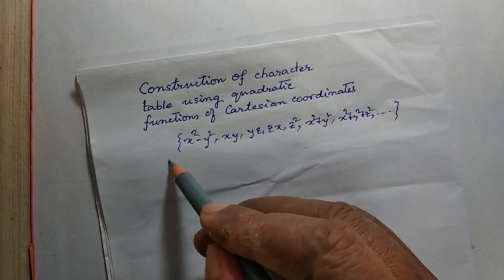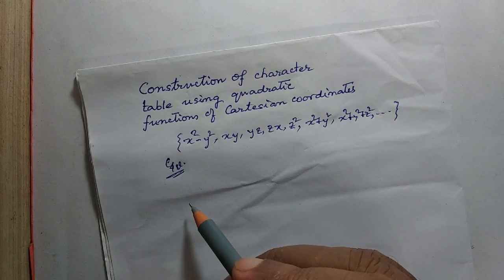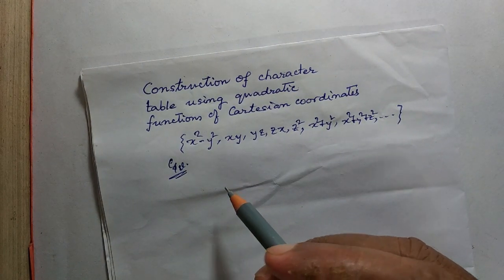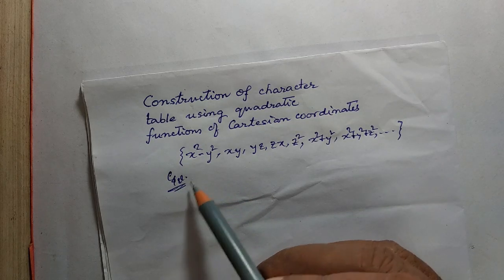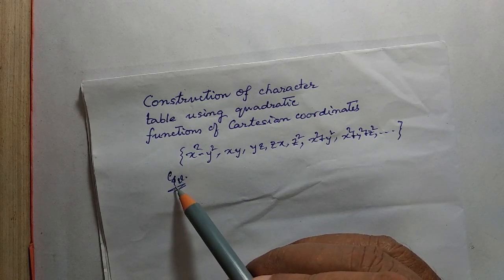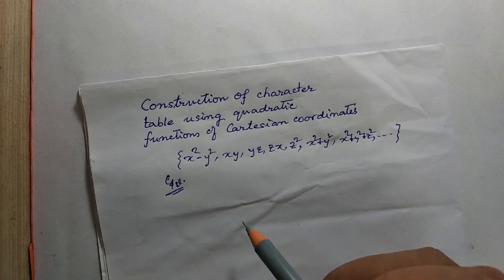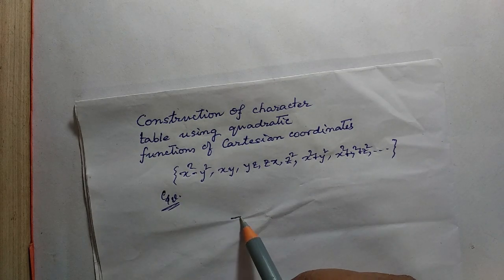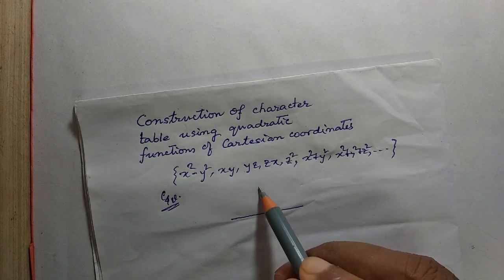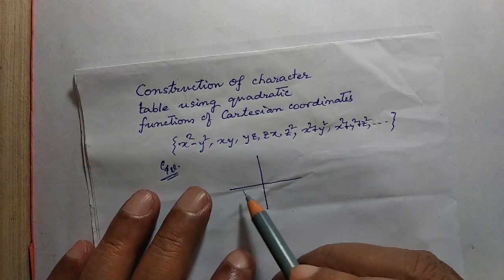And I will consider the point group C4V because this is a continuation of my earlier video where I discussed construction of character table of this point group with linear functions of x, y, and z. The symmetry elements and coordinate system are shown by the usual diagram.